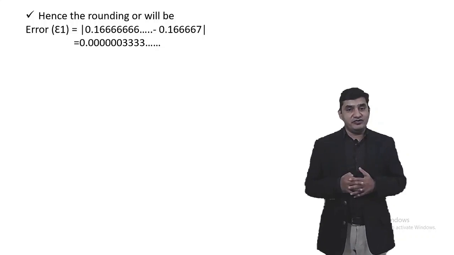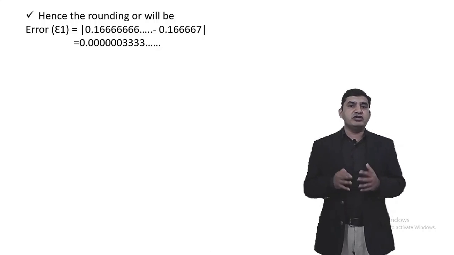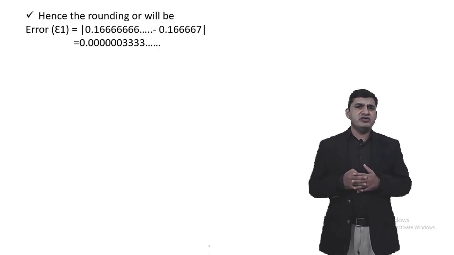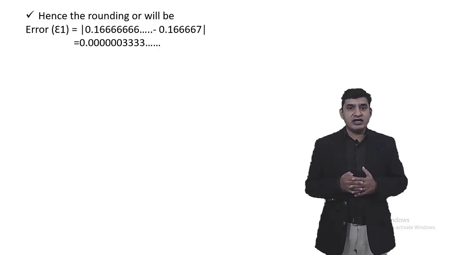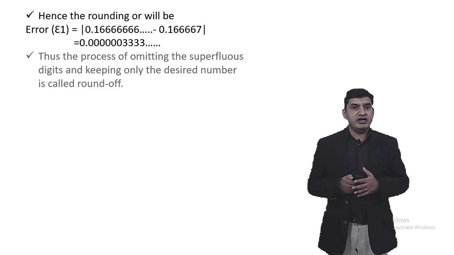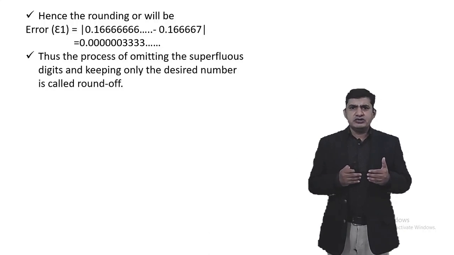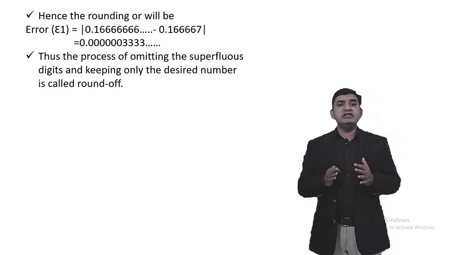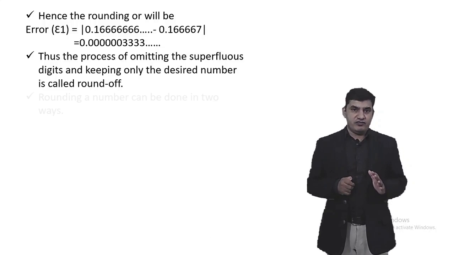And we get this round-off error as about 0.0000, that is 6 zeros, and after that 33333 and so on. So this is round-off. Thus the process of omitting superfluous digits and keeping only the desired number is called round-off.